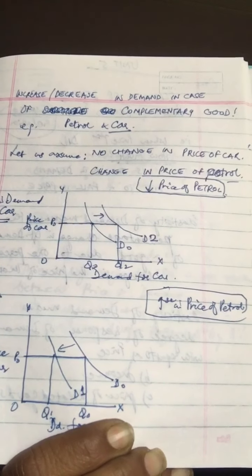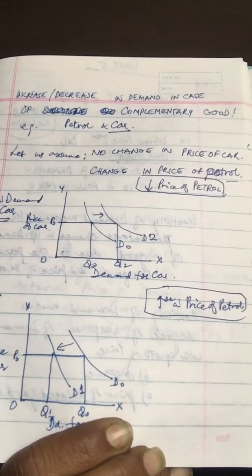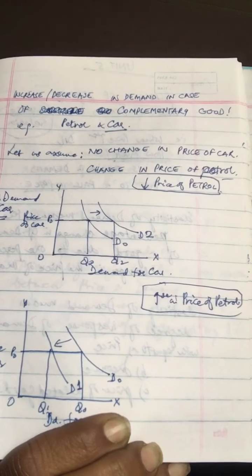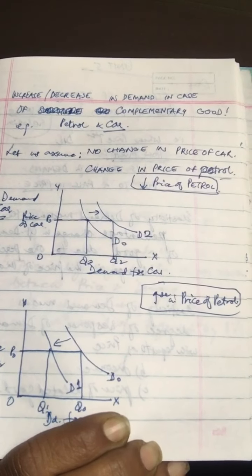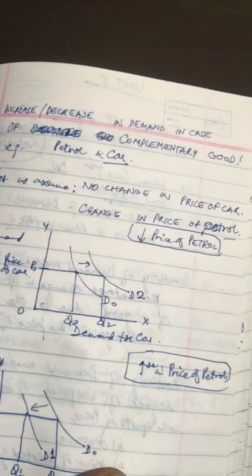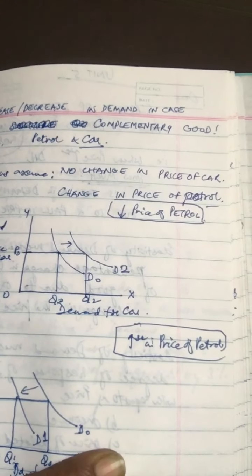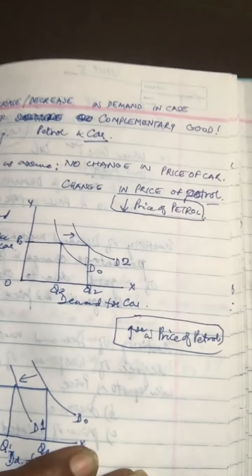It's the price of the complementary good, petrol, that changes. Suppose there's a decrease in the price of petrol. What will happen? The demand for cars will increase. It will go from D original to D2.